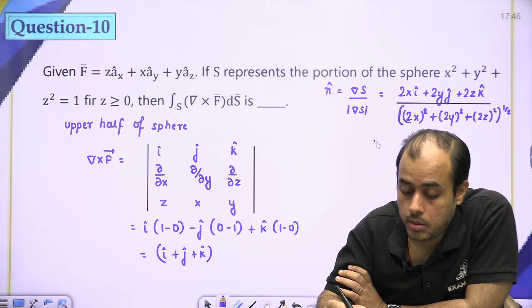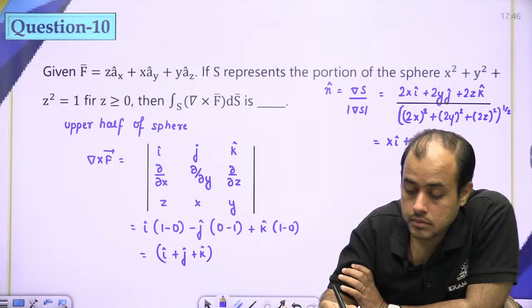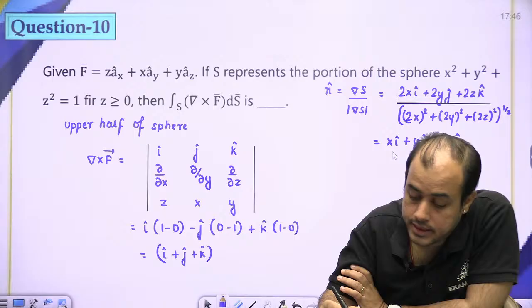Now take 2 common. The denominator x square plus y square plus z square will be 1.